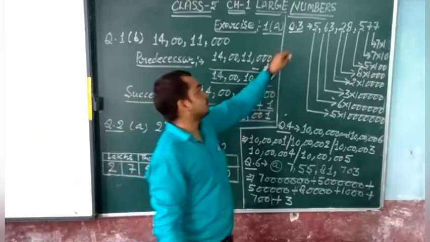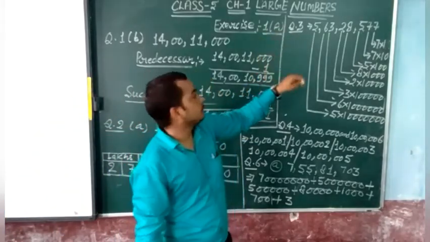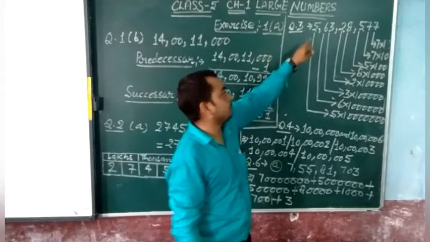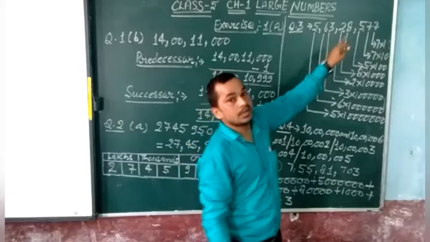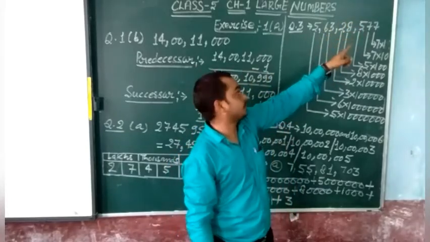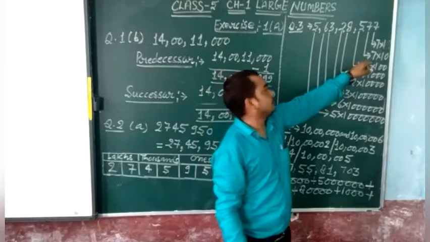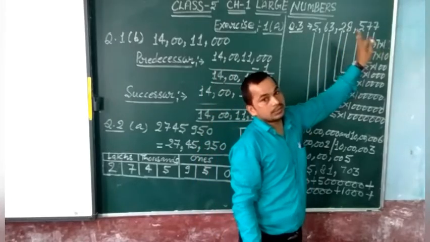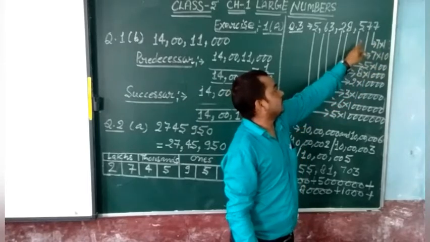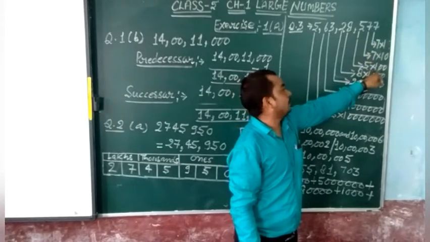Now we discuss question number 3. Write the place value of each digit. Starting from the right side of the given number, the first digit is 7. At the ones place multiply by 1. At the tens place multiply by 10. At the hundreds place multiply by 100.